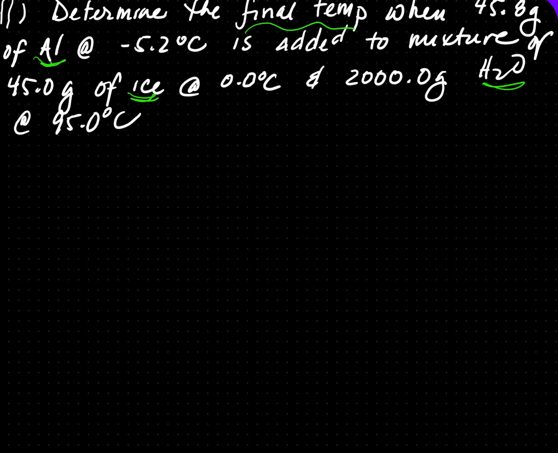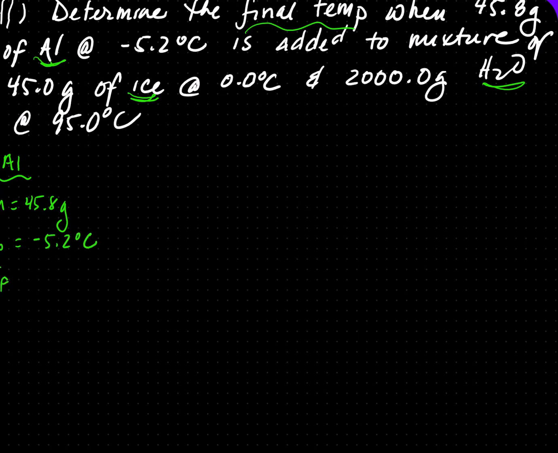So I'm going to identify my aluminum. It has a mass of 45.8 grams. My initial temperature of aluminum is negative 5.2 degrees Celsius.